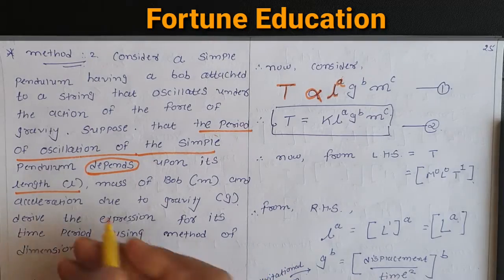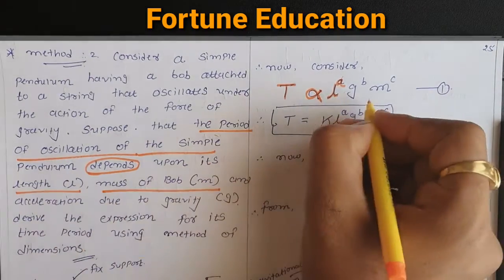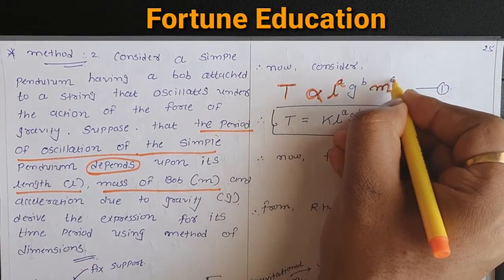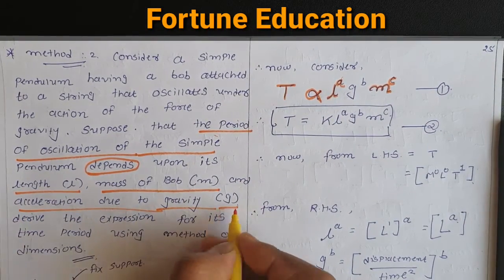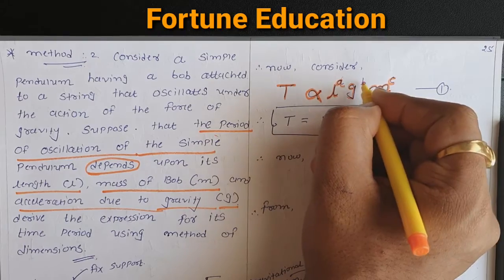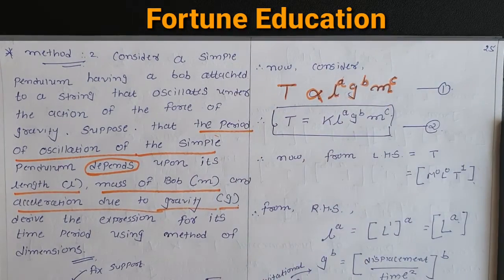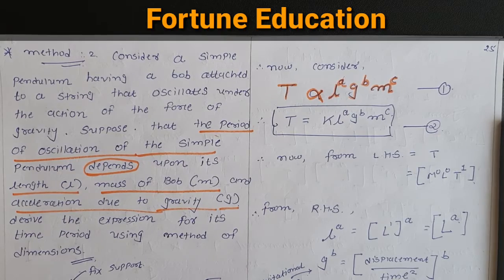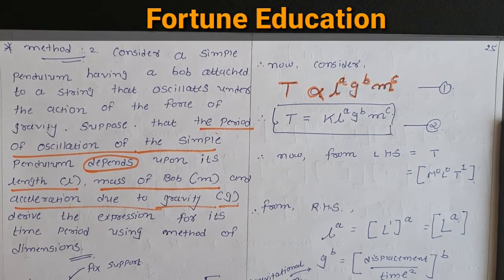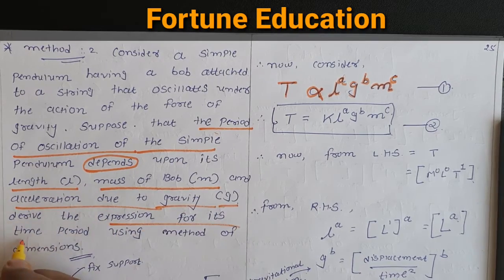We have to represent it as a power. Mass of the bob, m to the power c, and acceleration due to gravity, g to the power b. So we can write like that. And we have to prove the equation of a simple pendulum. So we have to express the equation of the time period using the dimension formula.